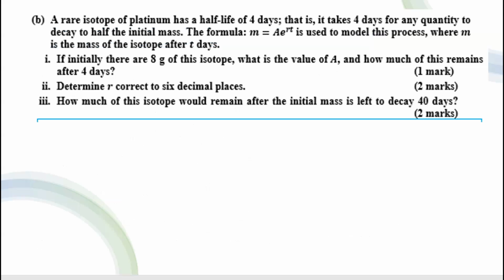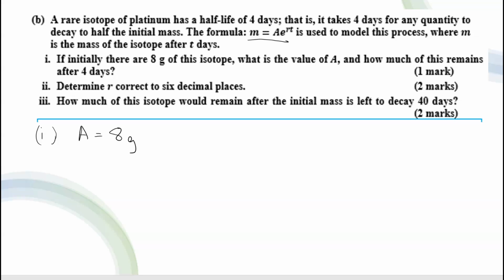Next question. The information is given there. You've got a formula. It tells you that it's got a half-life of 4 days. Initially there are 8 grams, so the first reading is of 8 grams.